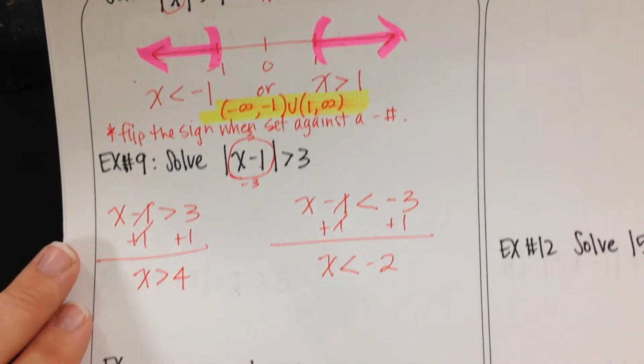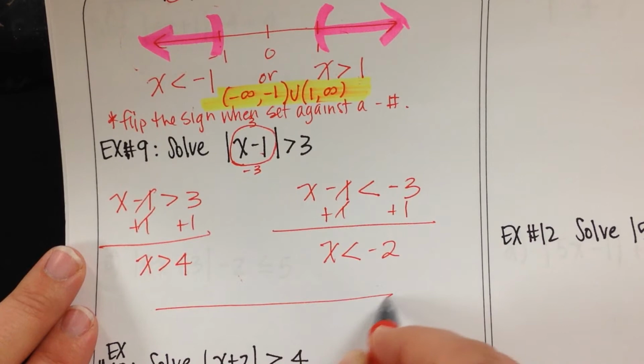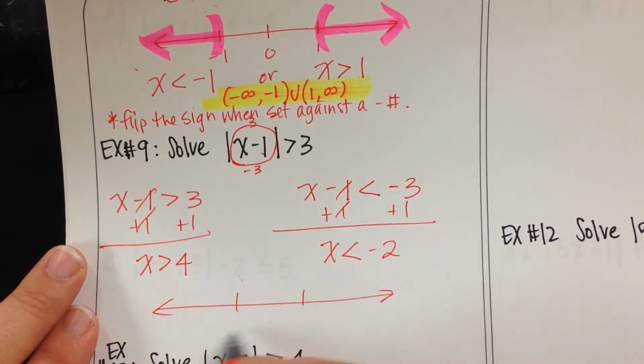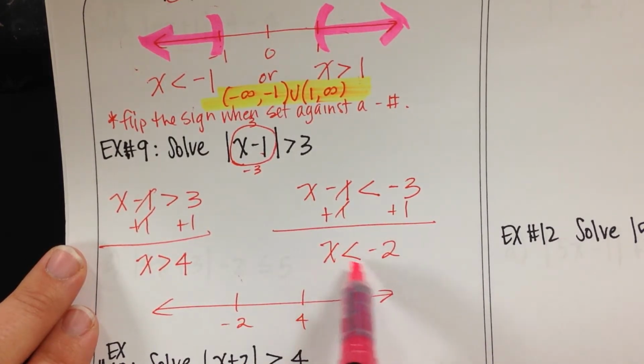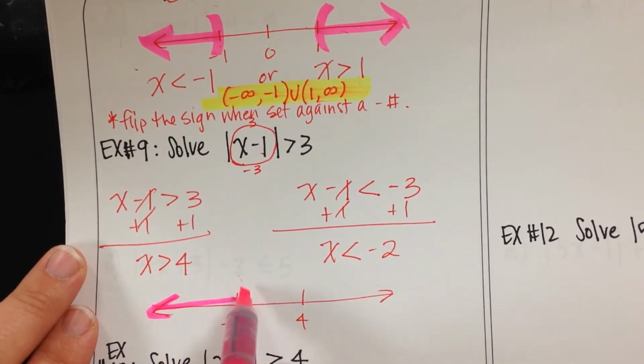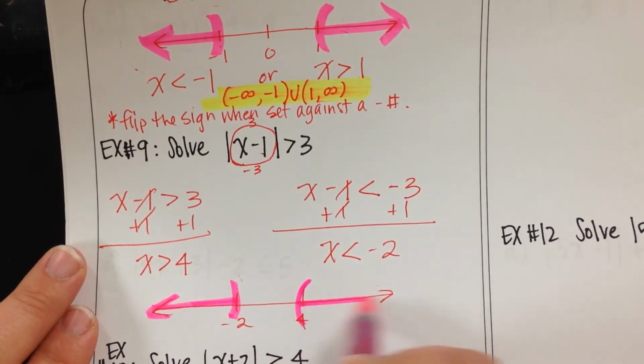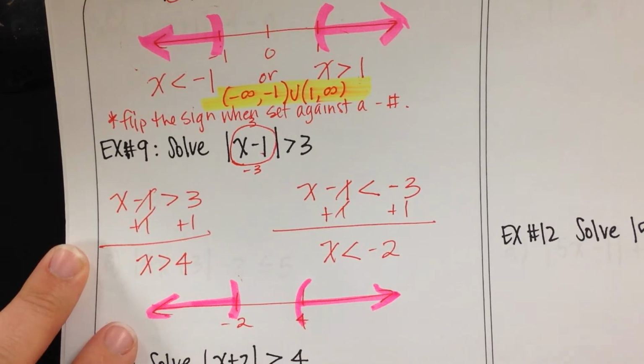We do want to graph these. Just pick 2 points. We're going to shade everything that's less than negative 2 and everything greater than 4. And then we want to write our final answer in interval notation.